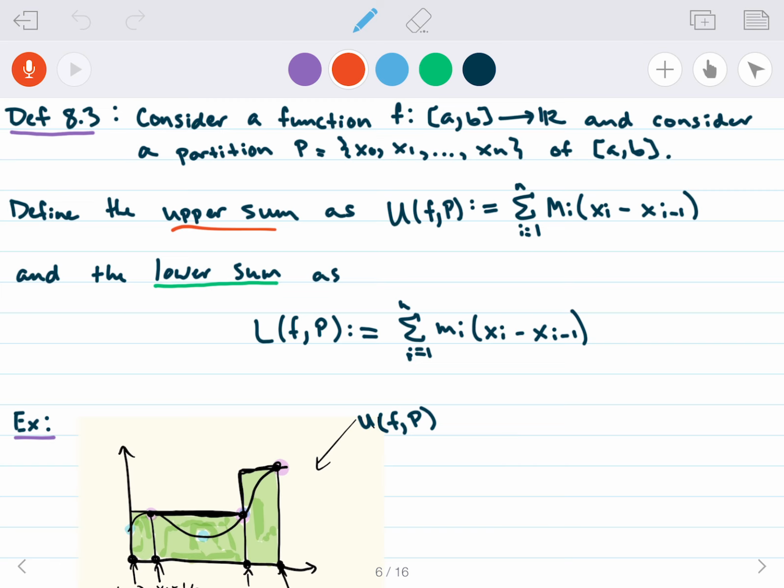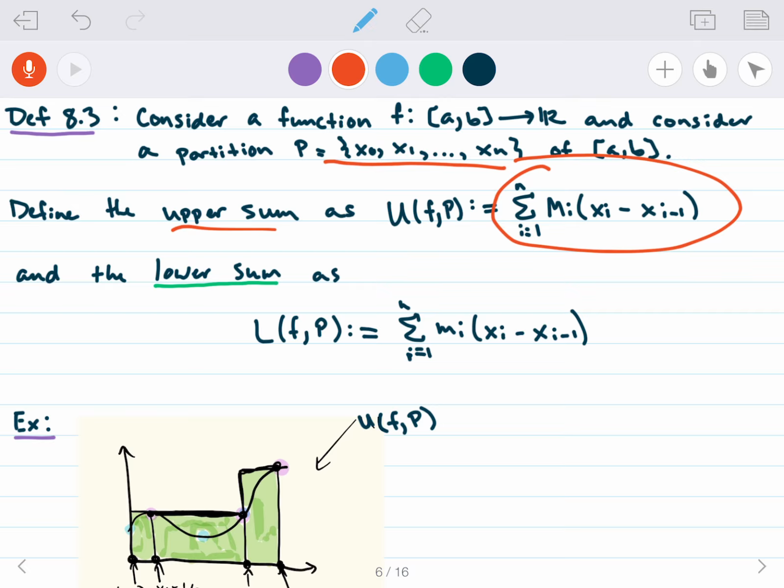So if you have a partition from x0 to xn, you have n rectangles that you're working with. And if I want to find the sum of those areas, I just take the height of the rectangles and multiply by the width. I'm just taking this partition and dividing it up into subintervals.